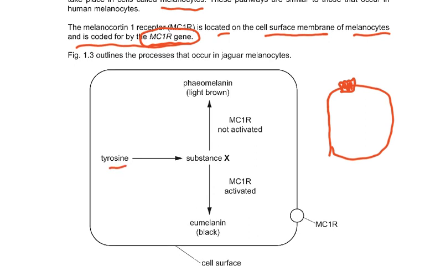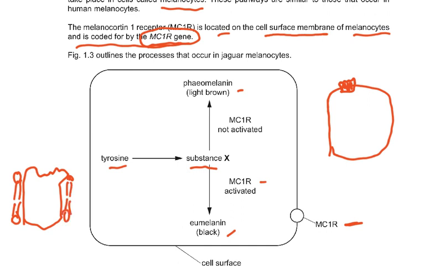So tyrosine is converted to substance X, and then if MC1R is not activated, the fur is light brown. But if MC1R is activated, it will result in a black color, eumelanin and pheomelanin. So it's a lot of new information. This is the MC1R receptor, which is found in the phospholipid bilayer, so it would be something like this, the receptor found in the cell membrane.